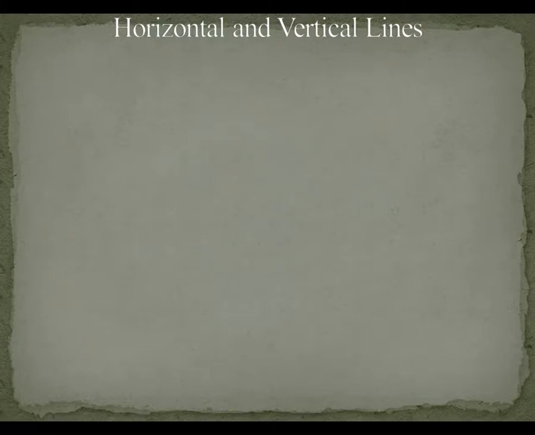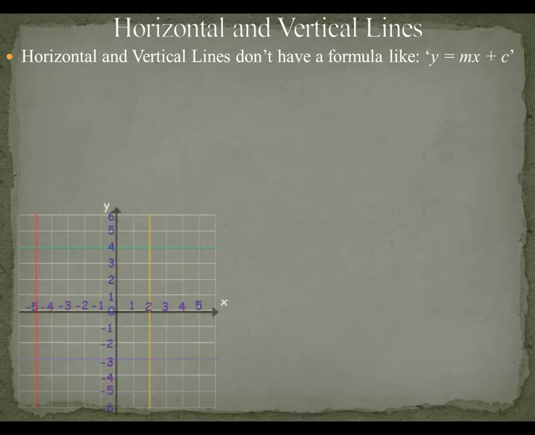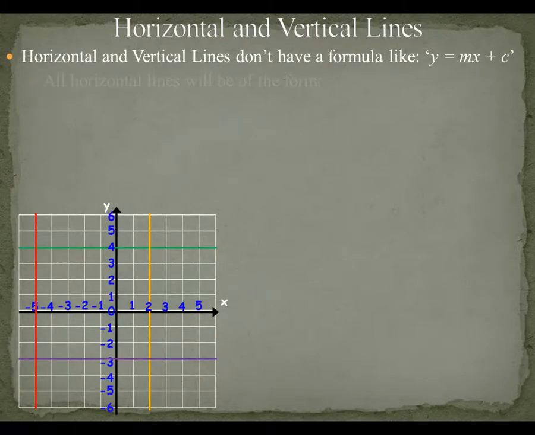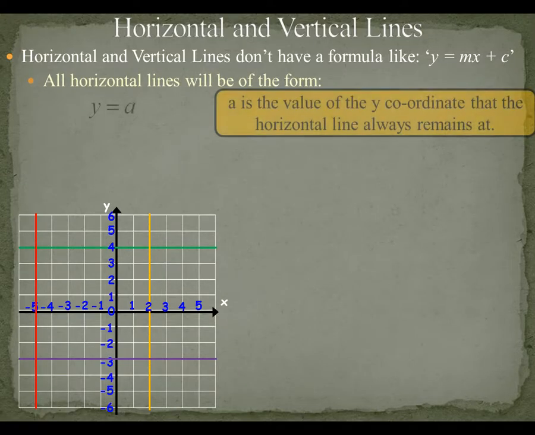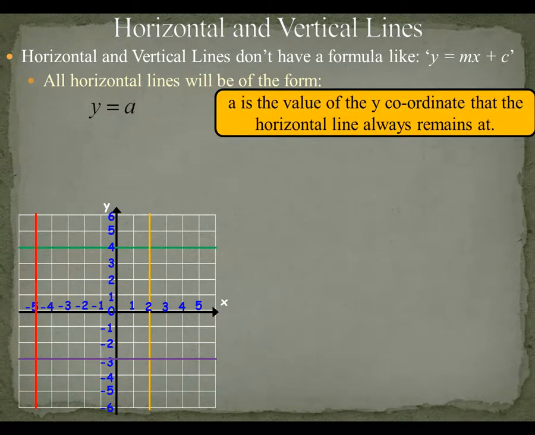Horizontal and vertical lines are the different ones in the family of equations of straight lines, and they don't quite follow the rules of having an equation of the form y equals mx plus c. So if you look at the diagram below and we take the horizontal lines, they will always be of the form y equals the value of the y-axis that the horizontal line crosses through.